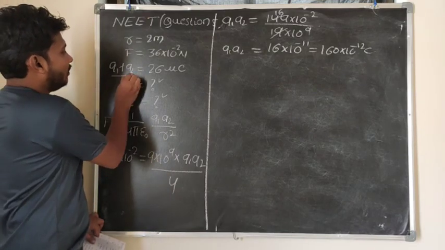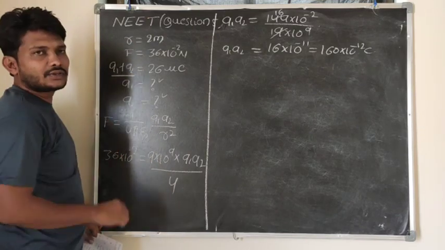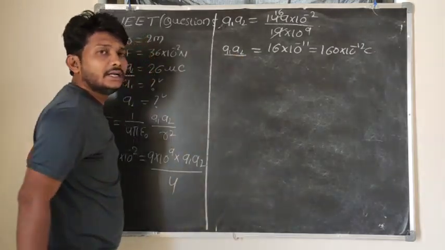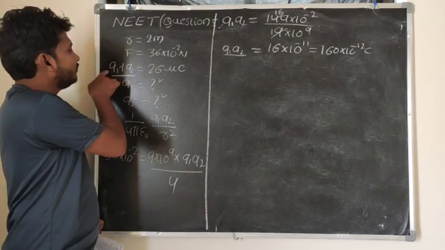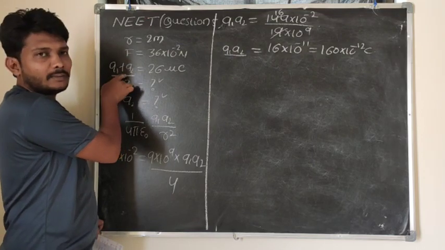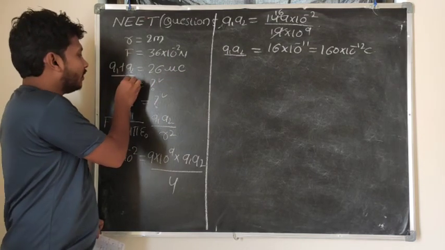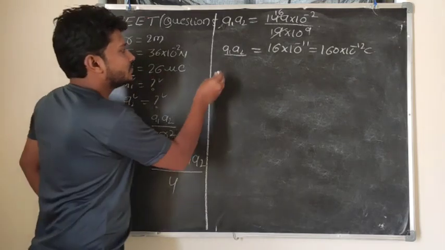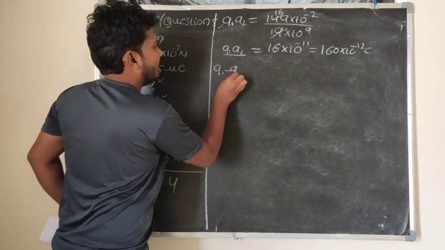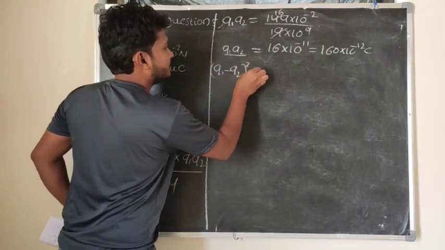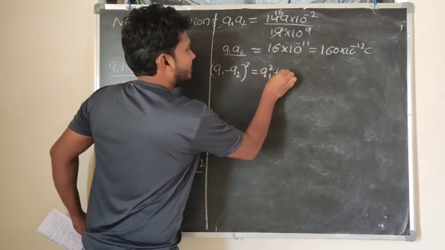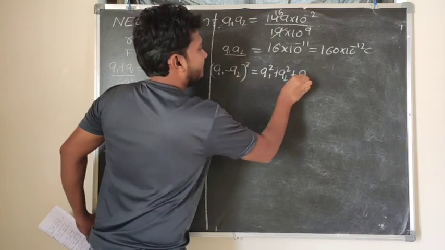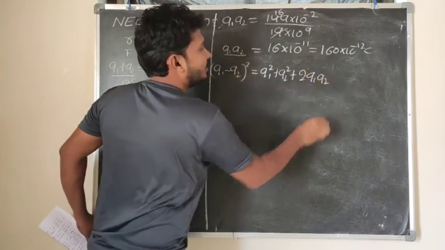Look here, they mentioned the Q1 plus Q2 value, and I got the Q1 into Q2 value. If I calculate Q1 minus Q2 and then add it to Q1 plus Q2, I get the individual values. To calculate Q1 minus Q2, I will use the formula (A minus B) whole square: Q1 square plus Q2 square minus 2 times Q1 into Q2.